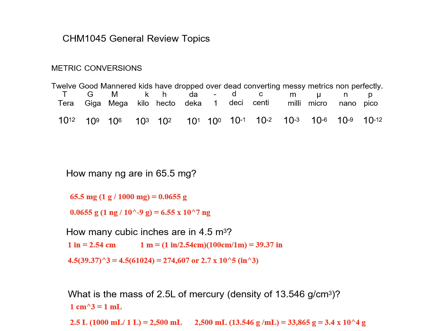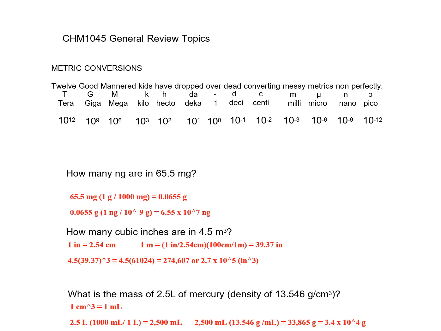How many nanograms are in 65.5 milligrams? Our idea is to convert milligrams to nanograms. First of all, we have to change the milligrams to grams. Since 1 gram equals 1,000 milligrams, we got the result 0.0655 gram.